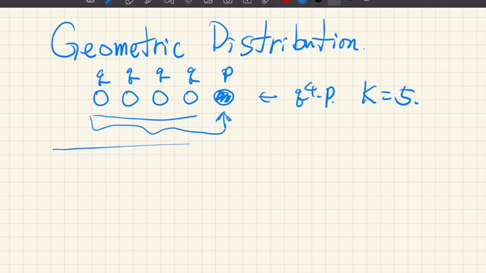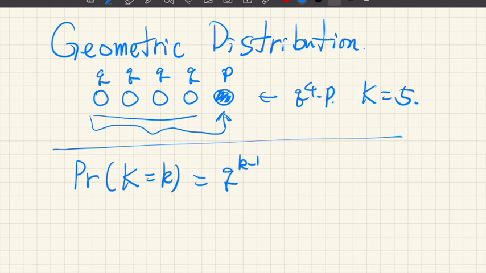So in general, the random variable k that follows geometric distribution has this probability mass function: q to the power of k minus 1 times p, where k can take values 1, 2, 3, and so on.